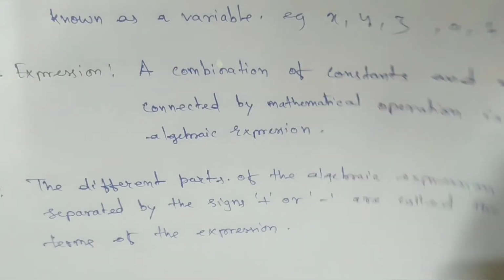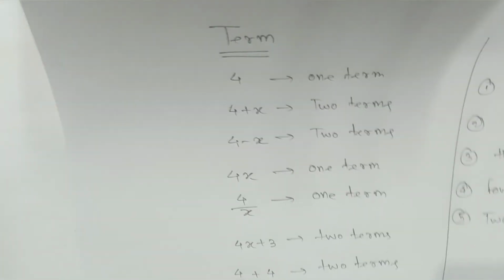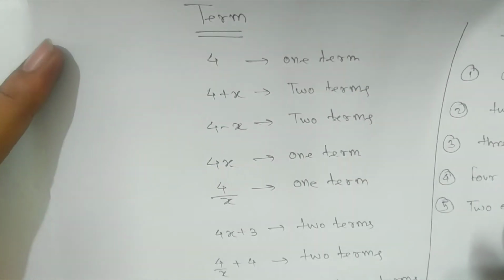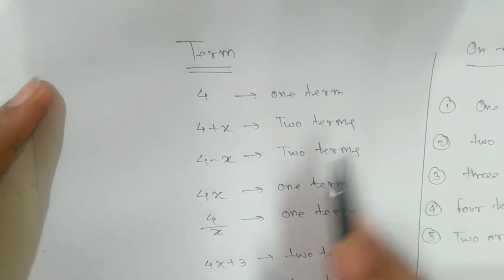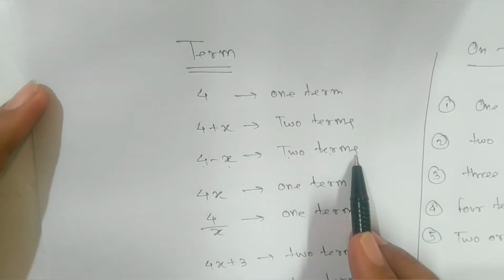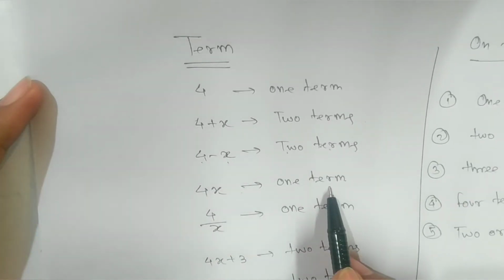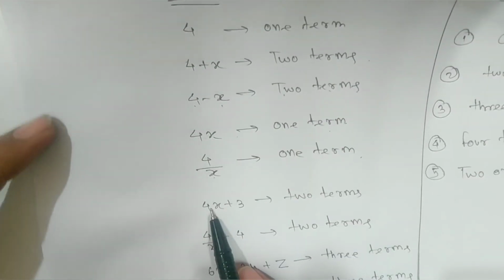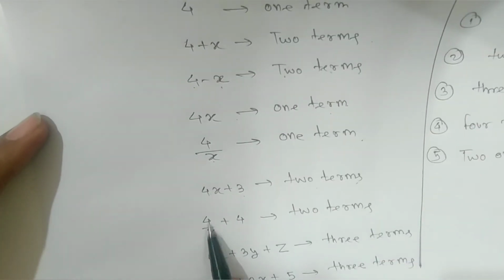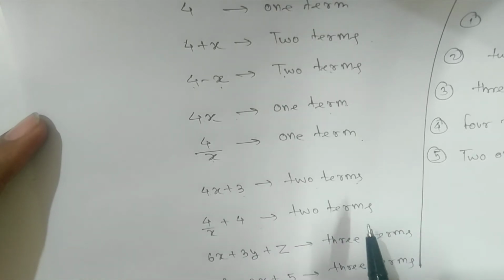Now we'll see terms. Here 4 is 1 term, 4 plus x is 2 terms, 4 minus x is 2 terms, 4x is 1 term, 4 by x is 1 term, 4x plus 3 is 2 terms, 4 by x plus 4 is 2 terms.